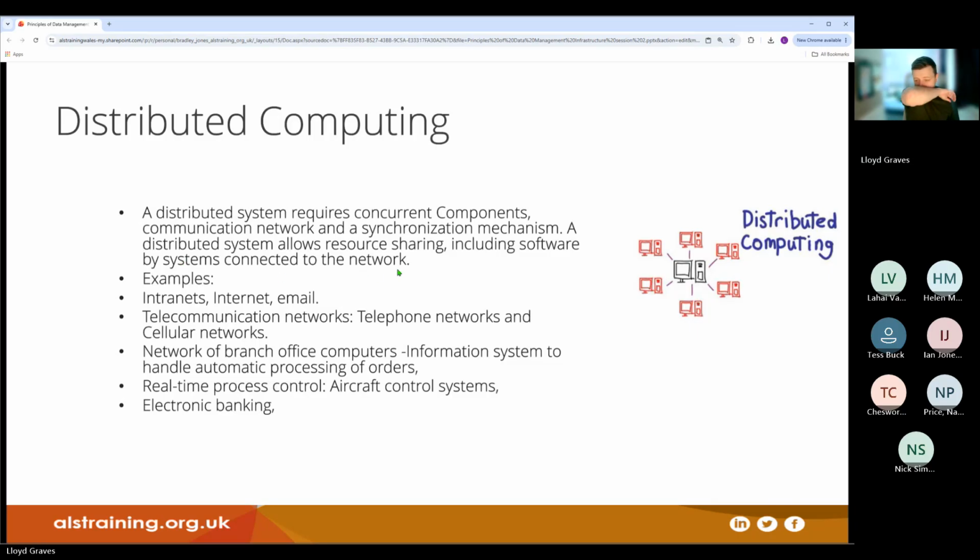So again, it could be the sharing of files, or the sharing of specific software across the network. And there needs to be things in place to make sure you've got a synchronization mechanism. So when I do something, is that reflected on the network in a reasonable amount of time so that we can work together effectively? If I update my teaching materials, you will have a training advisor who you'll meet with, and they'll talk to you about your assignments, and they're using the materials that I put together to guide you on that.